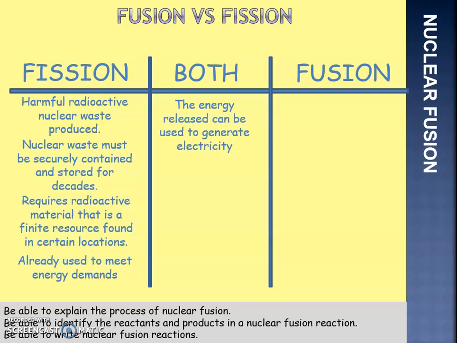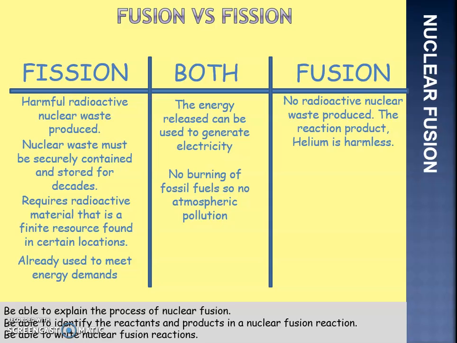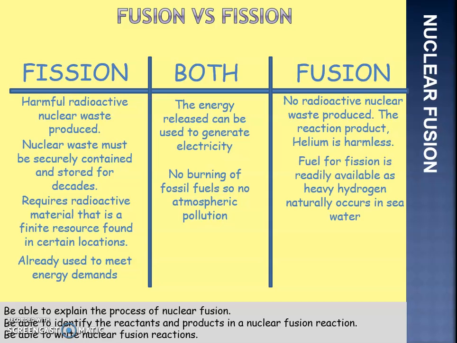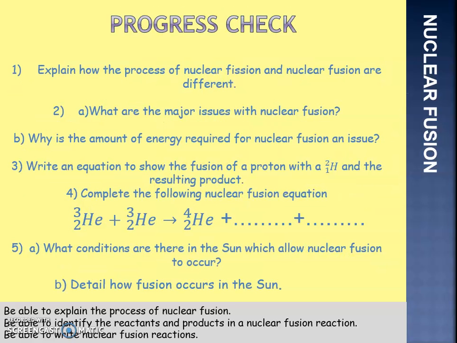Both fission and fusion release energy to generate electricity, and there's no burning of fossil fuels, so neither of them release atmospheric pollution. Fusion, we don't get any radioactive waste produced, and helium is harmless, that's the only product. The fuel for fusion is really readily available because heavy hydrogen occurs naturally in seawater, but currently it's not a viable option for generating electricity due to the large amounts of energy we need to kick it off.